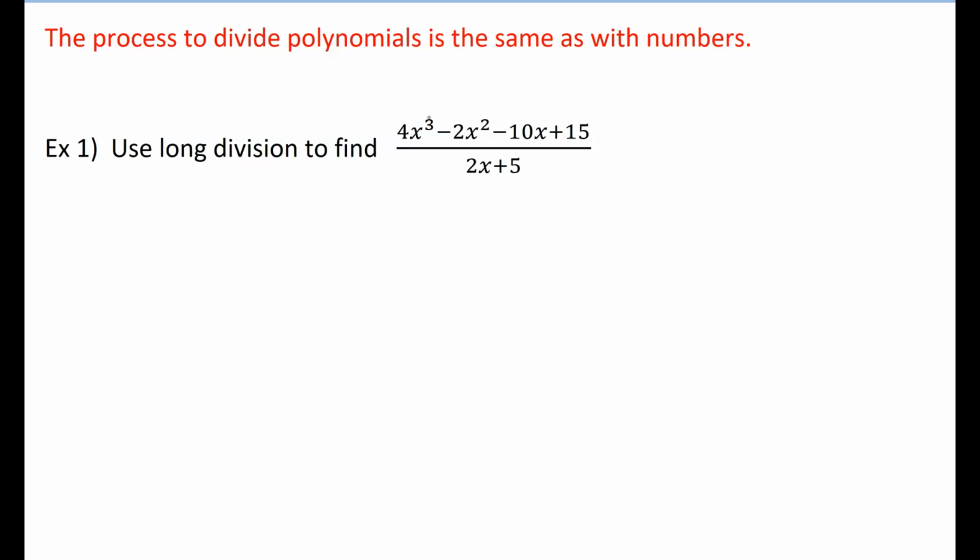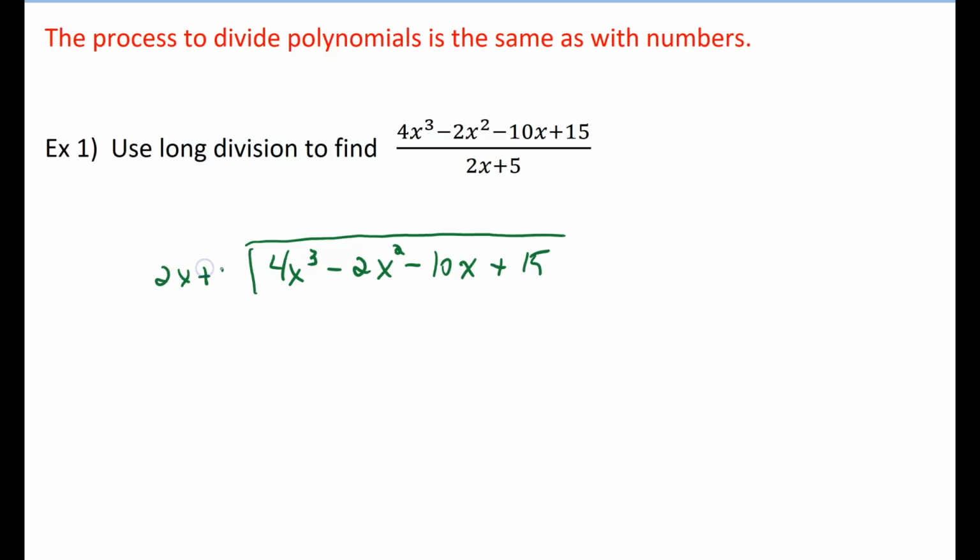And so just like we do with our integer long division, I'm going to start by placing that first. 4x cubed minus 2x squared minus 10x plus 15, and that is going to go under our fraction bar. And we're going to divide that by 2x plus 5.